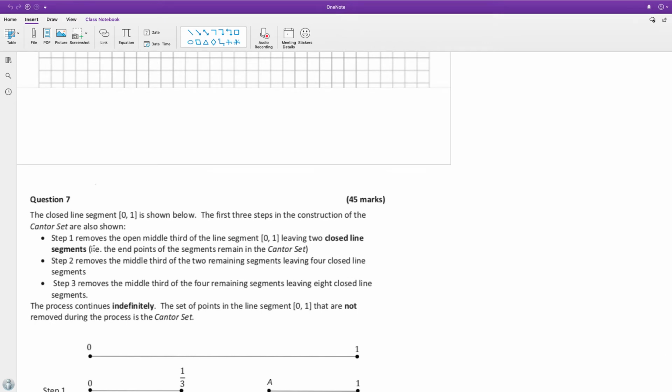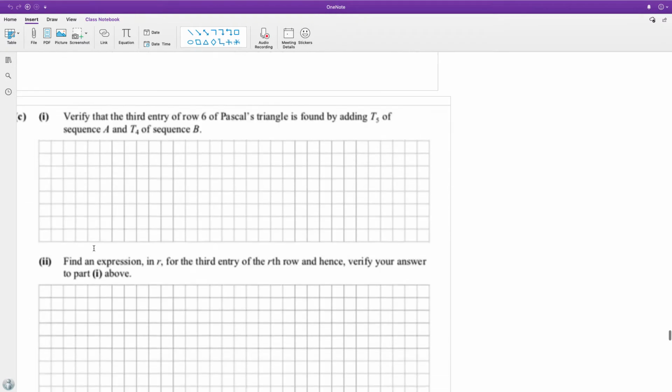But 2018 was 100 out of 300 marks, 1/3 of your entire paper. Your overall grade is 100 over 600, which is 1/6. So it has become incredibly important.